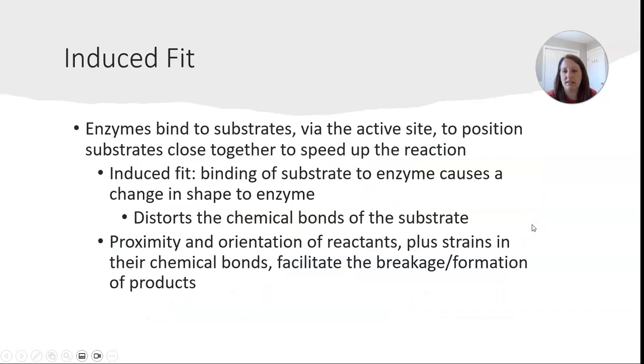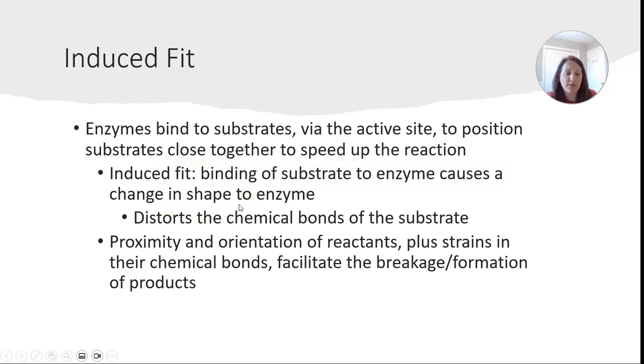Okay, so on the next slide, I've got more of a description. Again, the enzyme binds to the substrate via the active site, and this will position substrates close together to speed up chemical reactions, or it will help to contort the substrate in a way that makes bonds unstable. And then this thing called induced fit happens, which is just a change in shape of the enzyme.